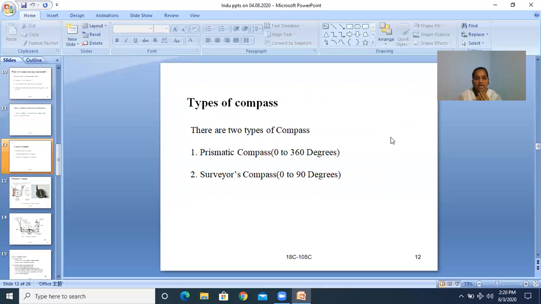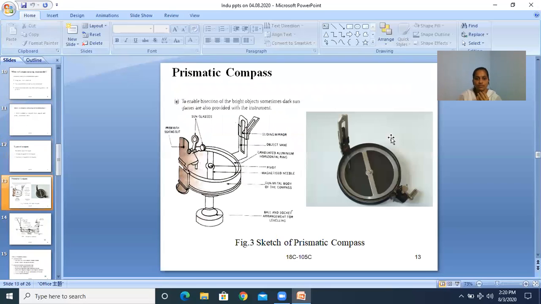Then types of compass. There are two types of compass. One is the prismatic compass, which can measure from 0 to 360 degrees, and the second one is the surveyor's compass, which can measure 0 to 90 degrees. In our lab we have the prismatic compass, so we can see the description of the prismatic compass and use it in our field work.